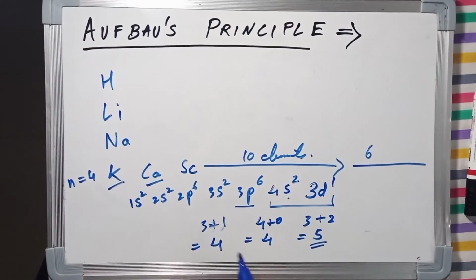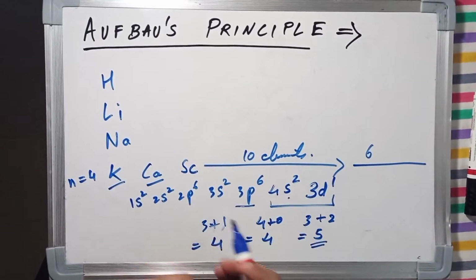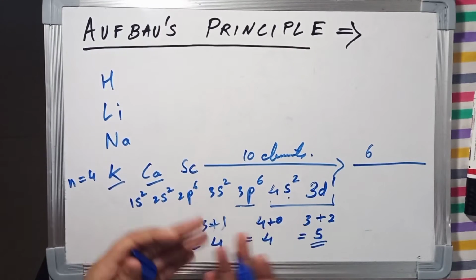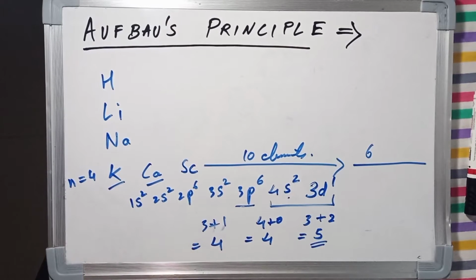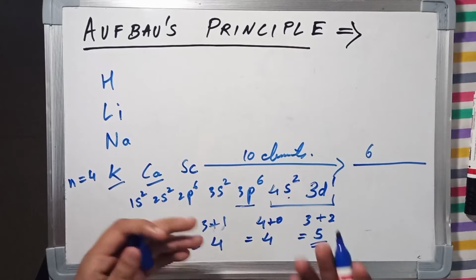Now the question arises: why did 3p come before 4s? Because the n plus l values of both these subshells are 4. In this kind of situation a conflict arises, so we decide on the basis of the value of n.